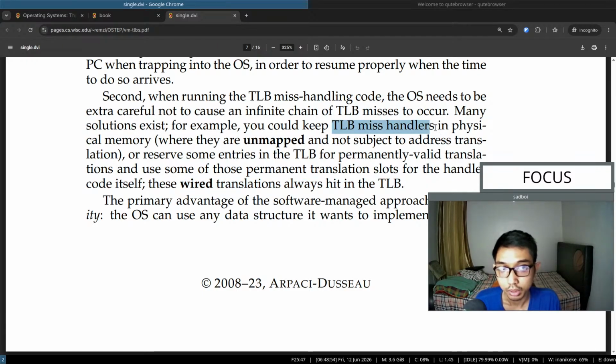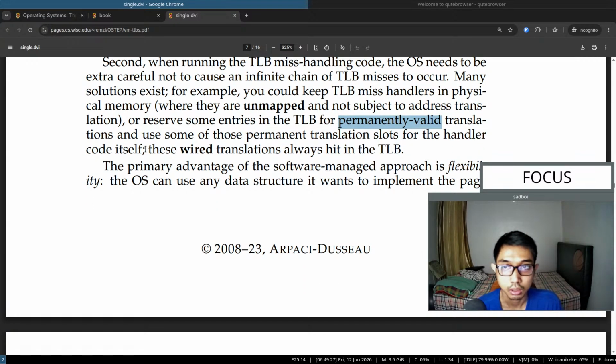Keep the TLB miss handler in physical memory, where they are unmapped and not subject to address translation, or reserve some entries in the TLB for permanently valid translations and use some of those permanent translation slots for the handler code itself.